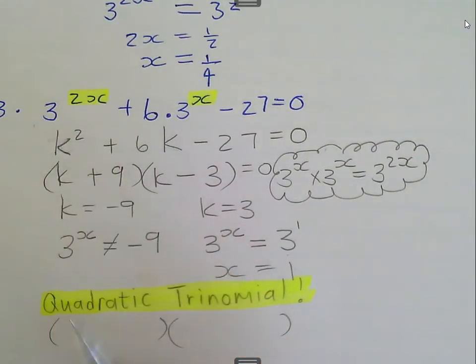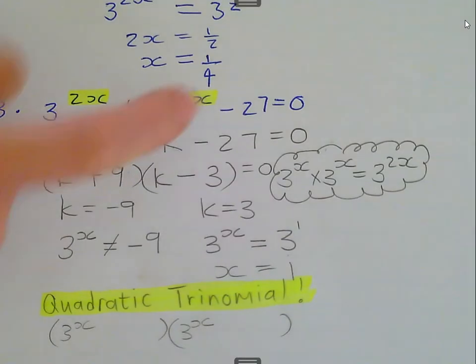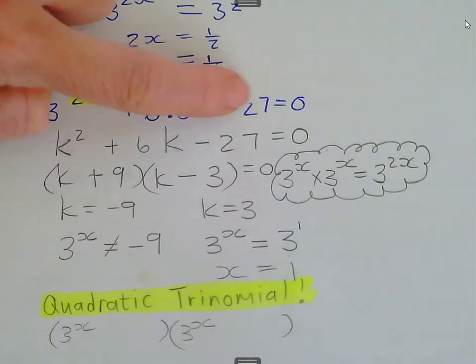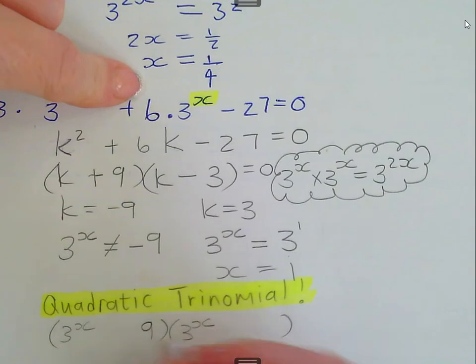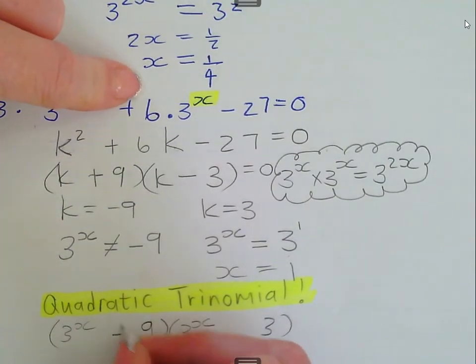Because it's this one's square root, it's 3 to the power of x, 3 to the power of x. And that's literally the only thing that you do differently. You just take the first term's square root. And then you go and look at 27. I look for factors of 27 that will give me 6. It's 9 and 3. It's plus 9 minus 3.